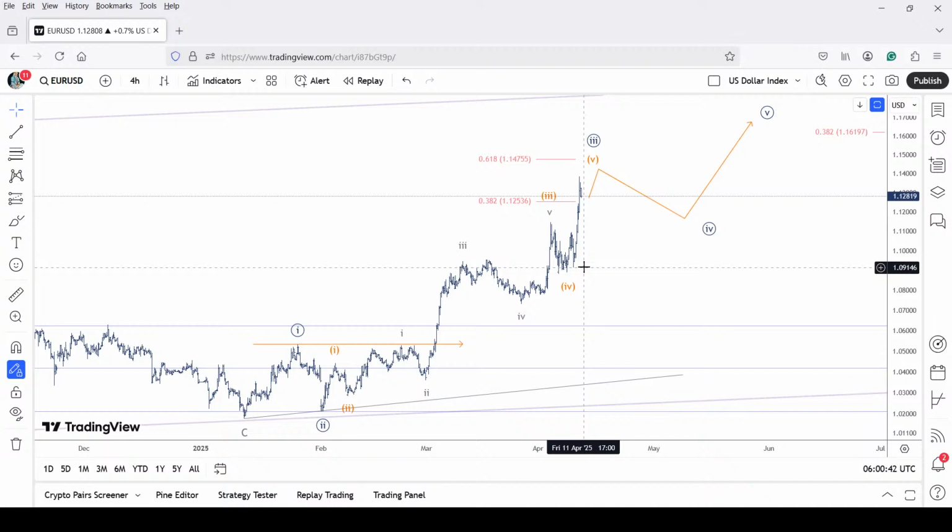and there is no surprise if it goes a bit sideways, or forms a potential triangle as the lower degree wave 4 unfolds.